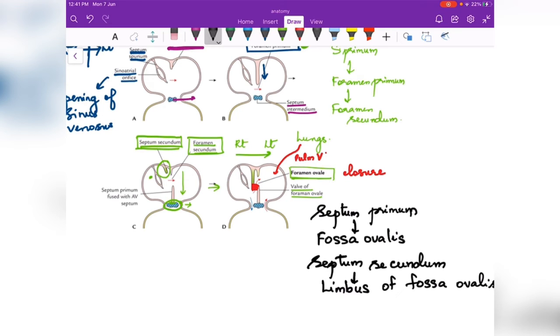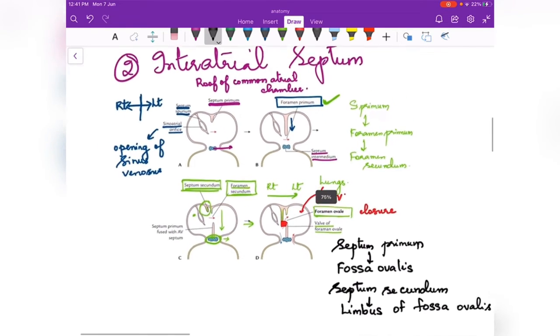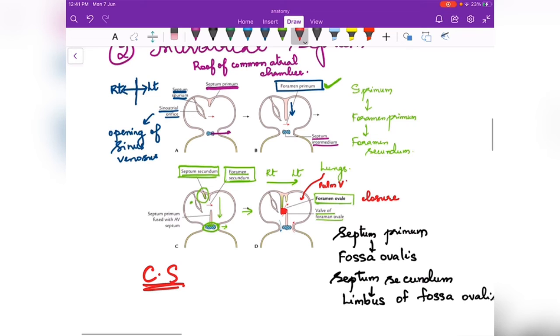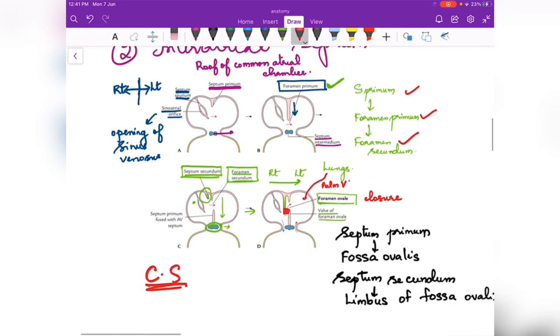So that's what happens. Now, what is the clinical significance? Now we're going to discuss the clinical scenarios, the defects that can occur. We described the whole process: the septum primum develops from the roof, we see the foramen primum, then degeneration of the portion near the roof of the septum primum forms the foramen secundum.